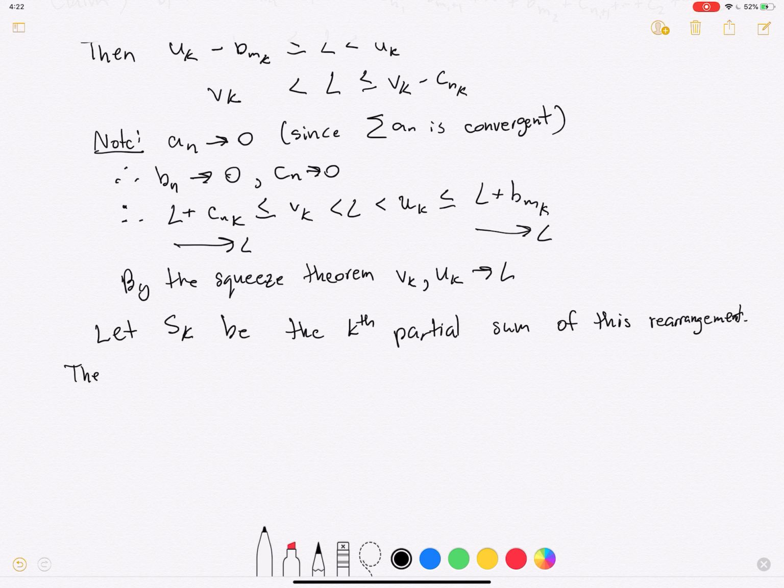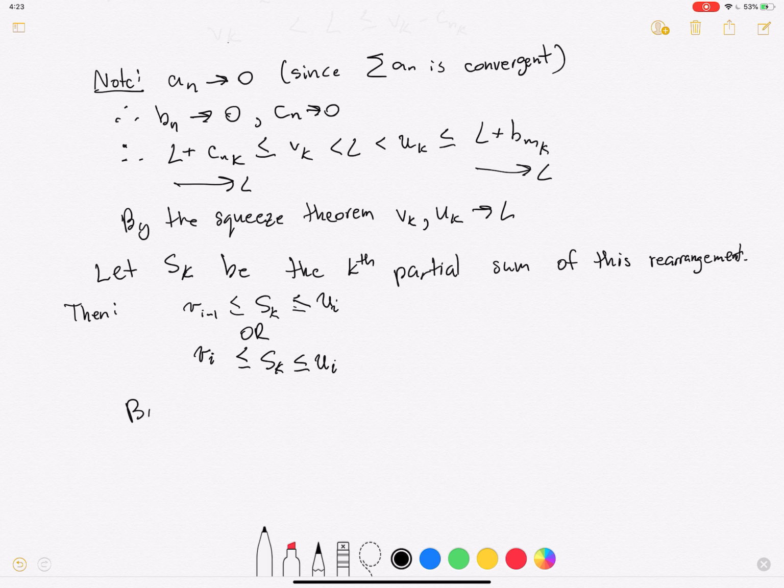Then we have that V_i is less than or equal to S_k, and that's less than or equal to U_i.